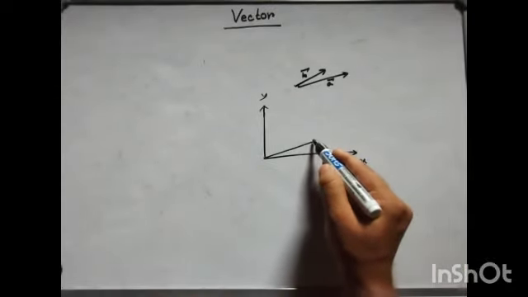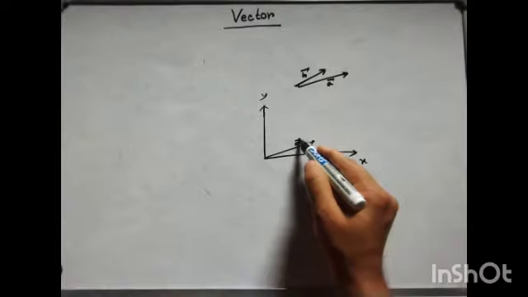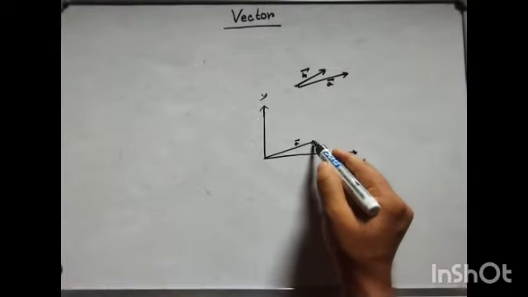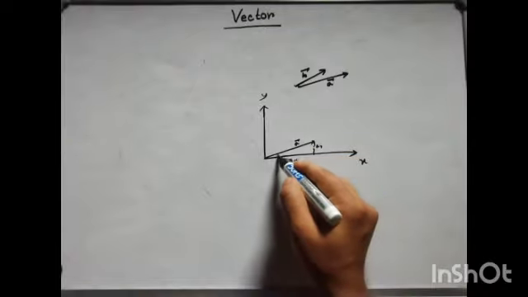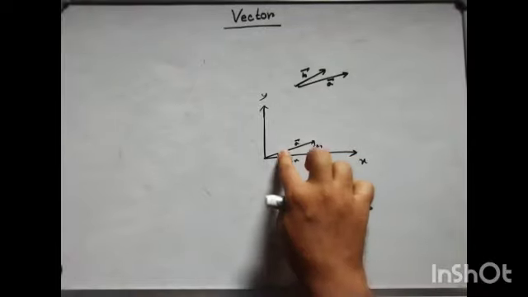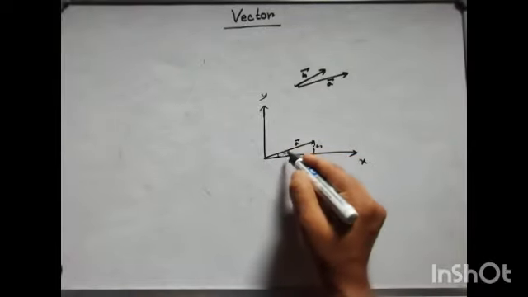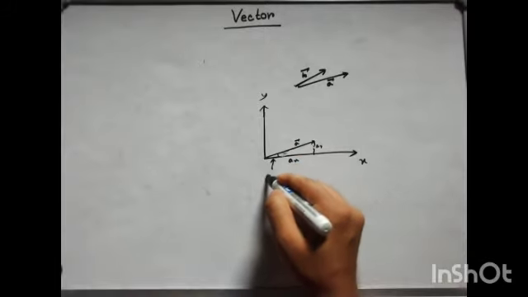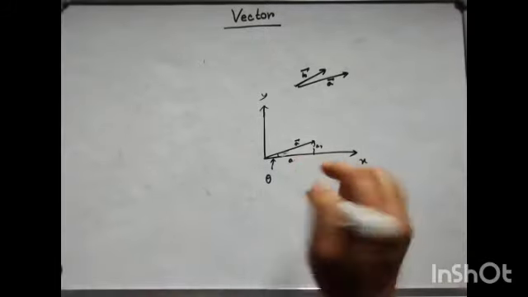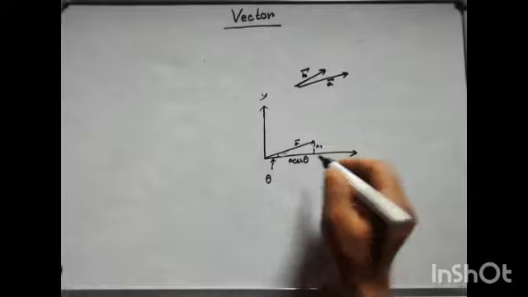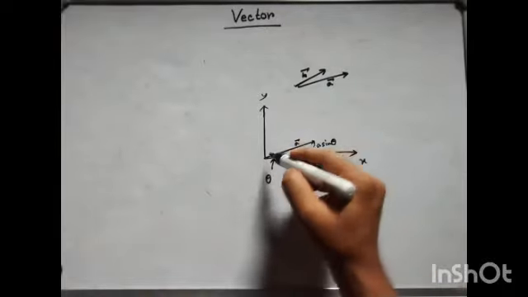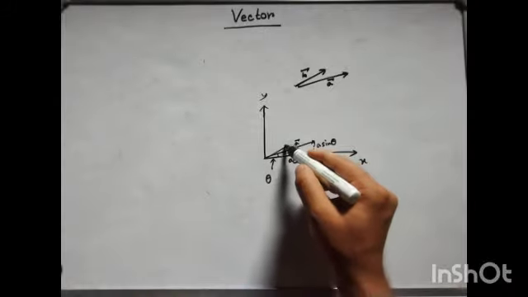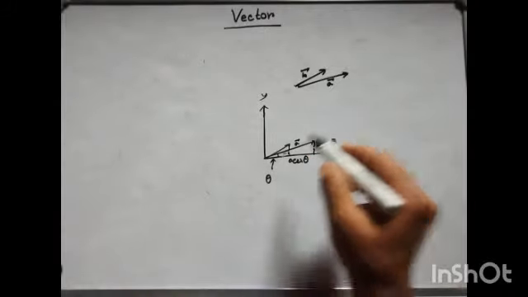Suppose we first draw a vector and we break it into ax and ay. Suppose this angle is theta, then this will be a cos theta and this will be a sin theta. Similarly we can break b vector also.